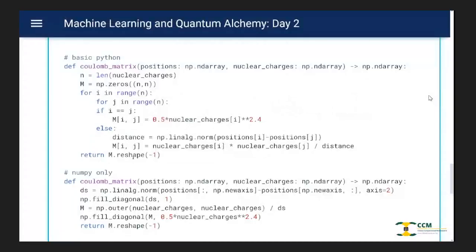If we're on the diagonal, so the i and j are identical, then we put the diagonal element there, and otherwise we calculate first the distance and then have our matrix element.